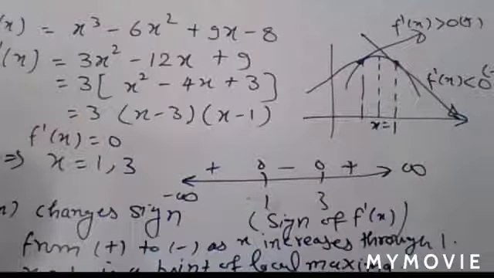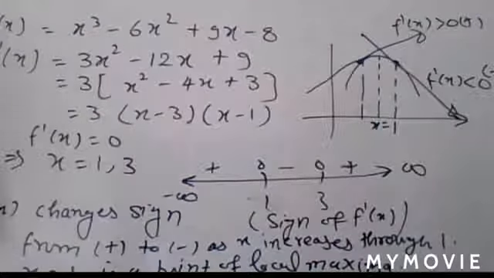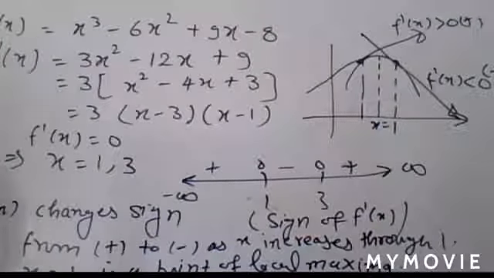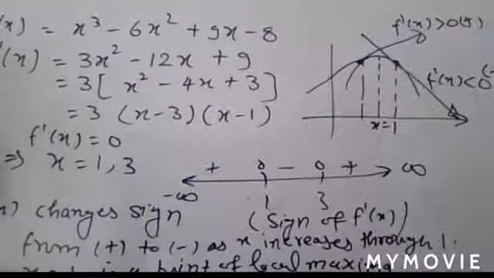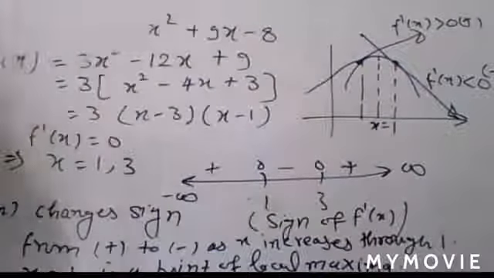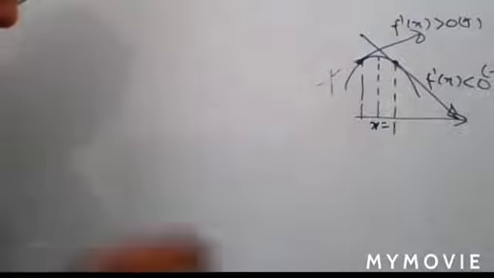Now you write the next question. Find the local maxima and local minima, if any, of the following function. Here the words local maxima and local minima mean you have to find only the point.